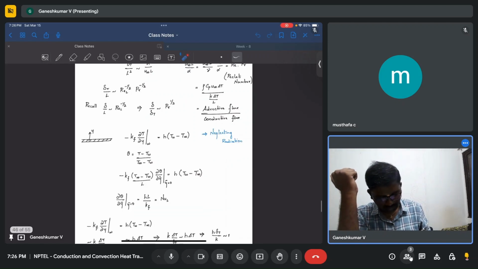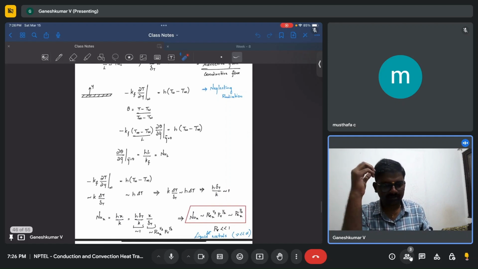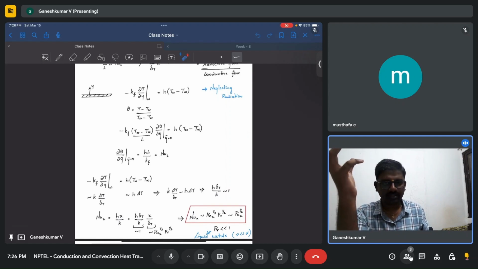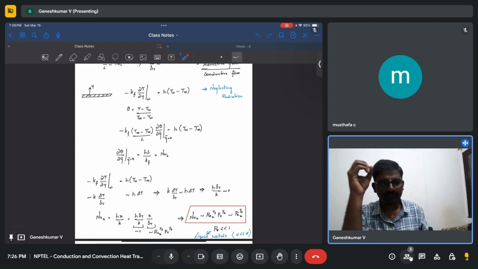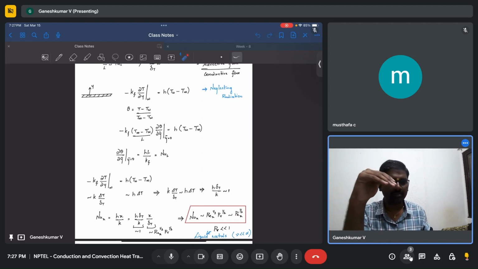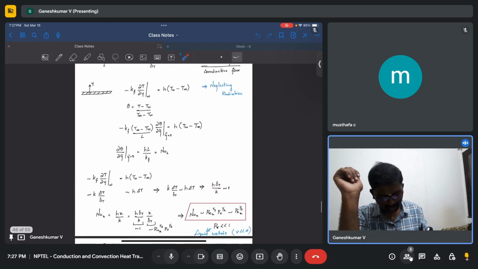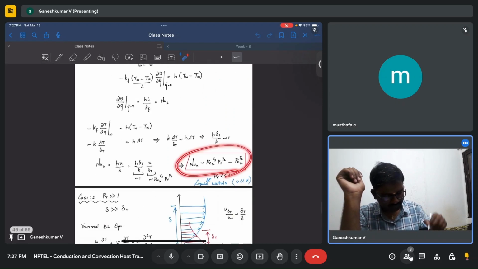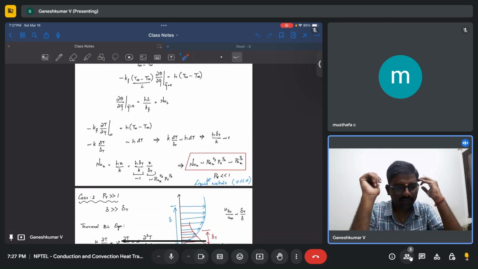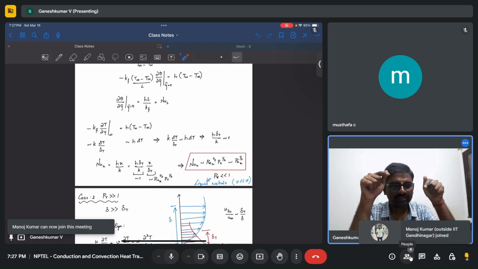As I said, we are interested in the heat flux at the wall, and in non-dimensional form it is nothing but the temperature gradient at the wall, the non-dimensional temperature gradient at the wall, which is nothing but your Nusselt number. So this Nusselt number we try to calculate from here. It will end up having Reynolds number power half and Prandtl number power half.